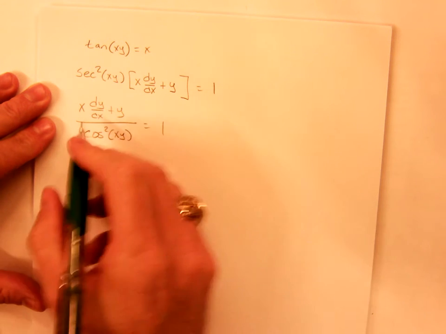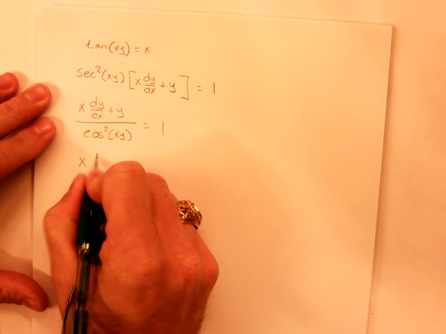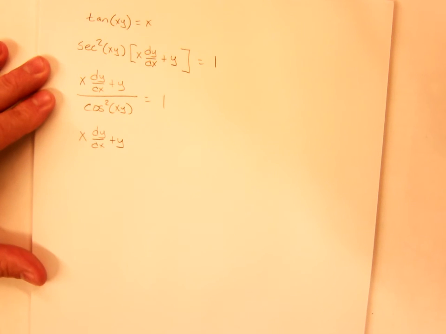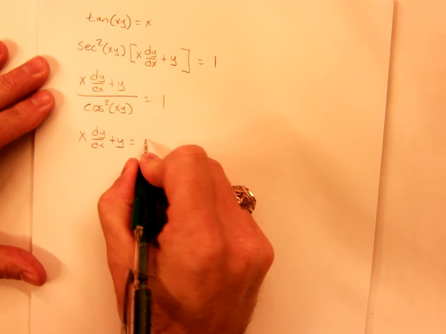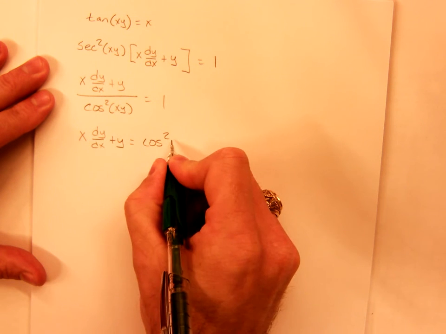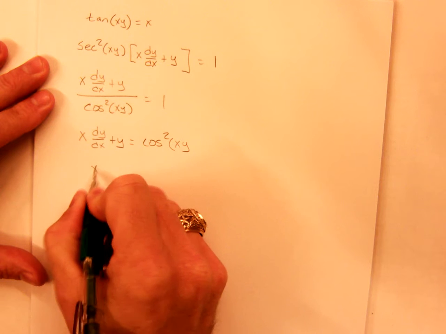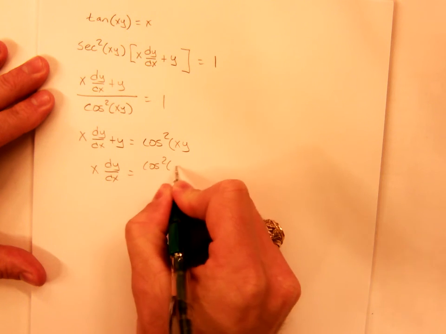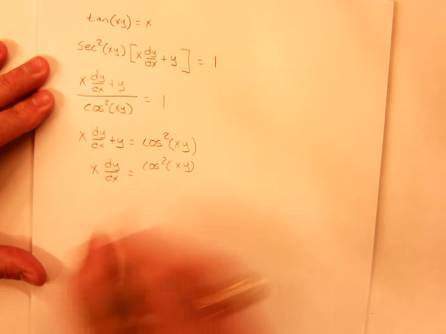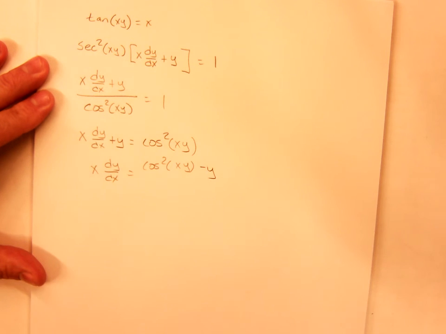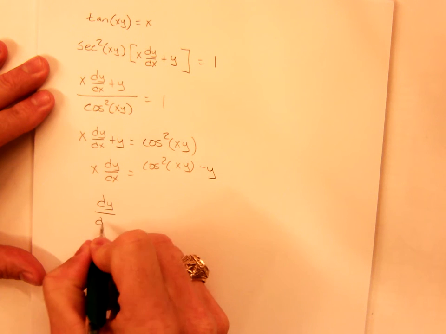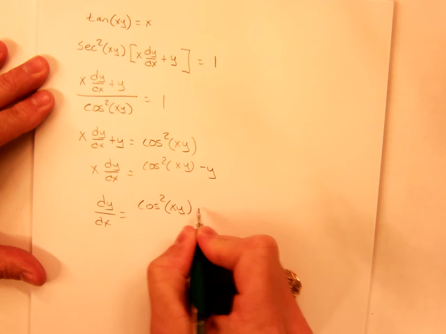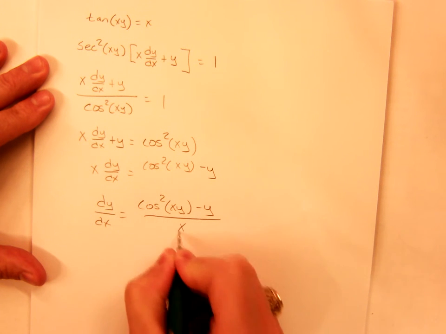I'm going to multiply both sides by cosine squared. x dy/dx plus y equals cosine squared xy. x dy/dx is equal to cosine squared xy minus y. So dy/dx is equal to (cosine squared xy minus y) over x.